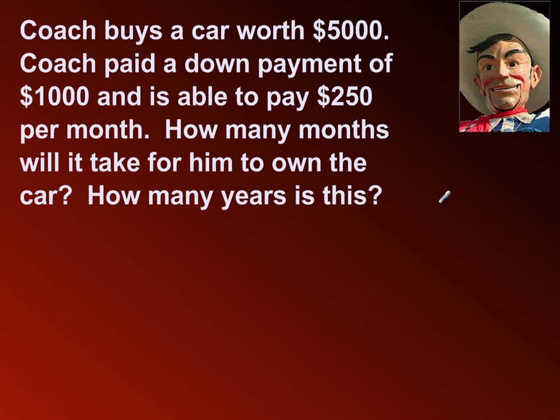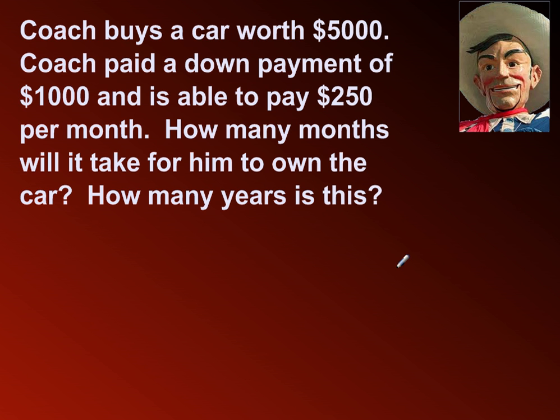Last example, I believe this is. Yes, it is. Last example, Coach O'Neill buys a car worth $5,000. Coach paid a down payment of $1,000 and is able to pay $250 per month. How many months will it take for him to own the car?